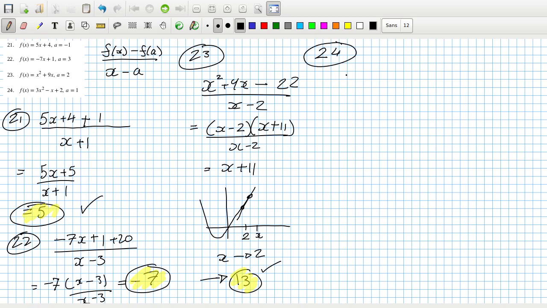So f(x) minus f of 1, 3 minus 1 is 2, plus 2 is 4, all over x minus 1. So that will be 3x squared minus x minus 2 over x minus 1.